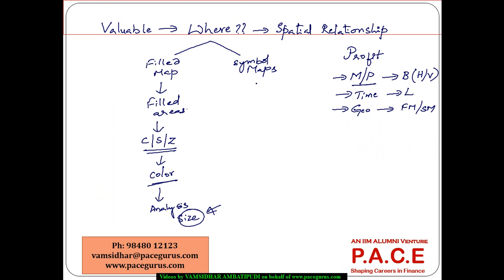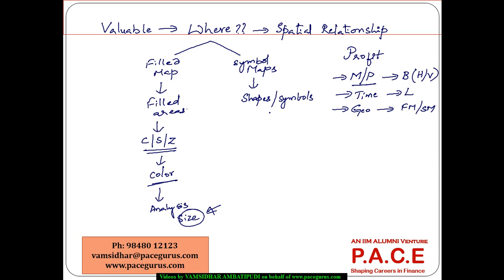Then the other kind of geographic visualization that really plays an important role in our analysis is the symbol map. Here the region is not filled, but corresponding to that latitude longitude intersection, we would be placing different kinds of shapes and symbols, probably triangles, circles.